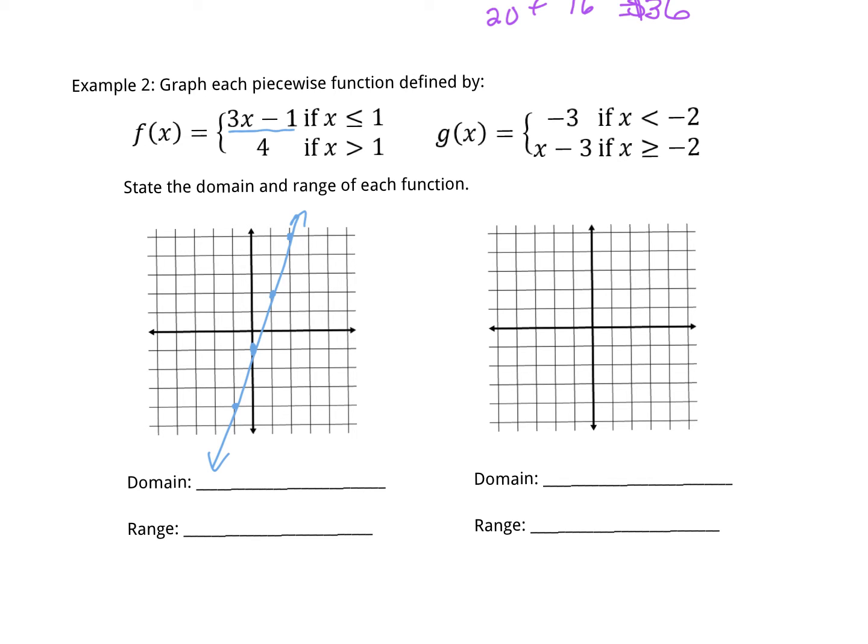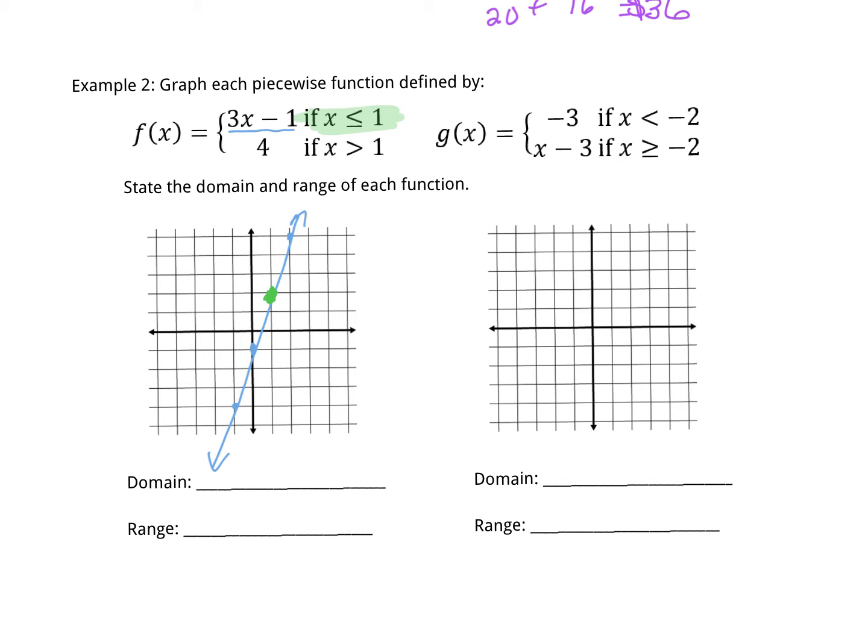Now we've got to go back and look at this part of the equation, where it says x is less than or equal to 1. That tells us we want to go to where x is 1 and find that point. We include that point because of the less than or equal to, the line underneath.